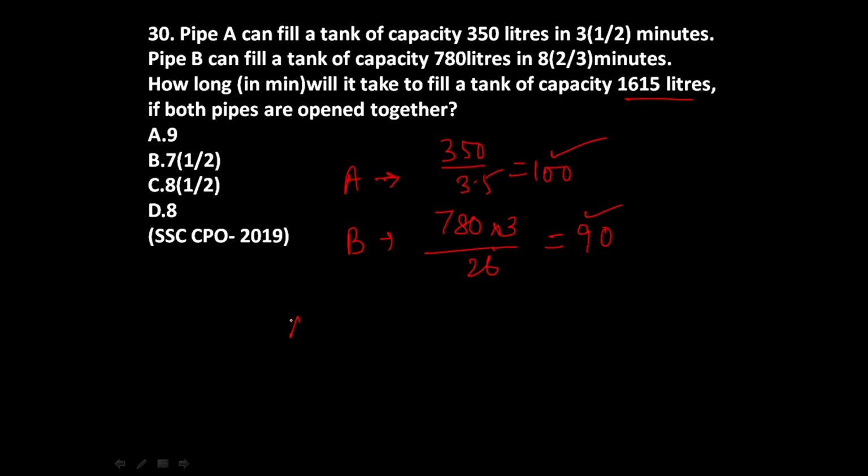So total time will be 1615 upon 190. It can be divided by 5, and then by 19.